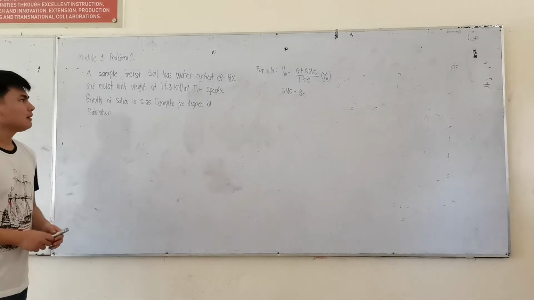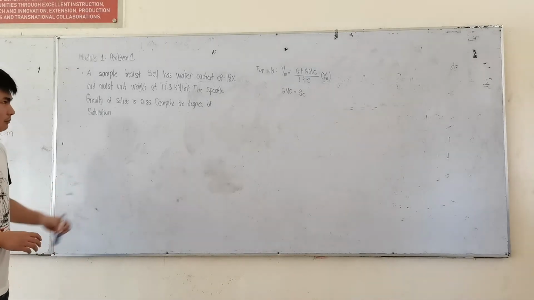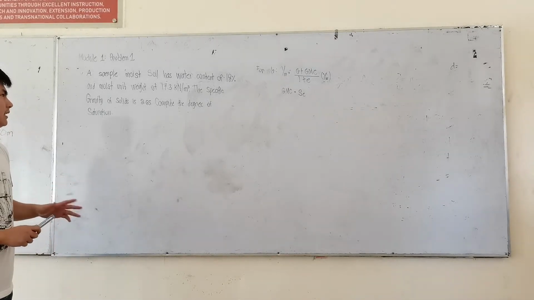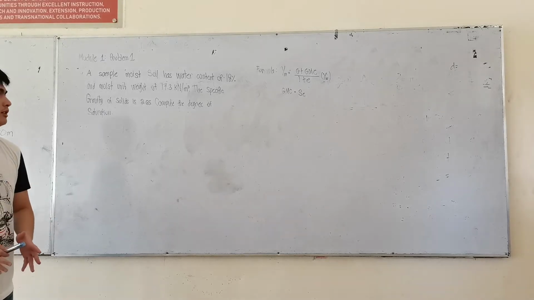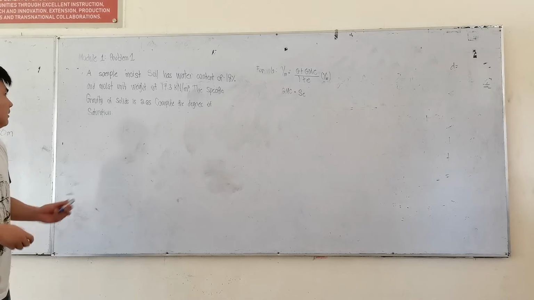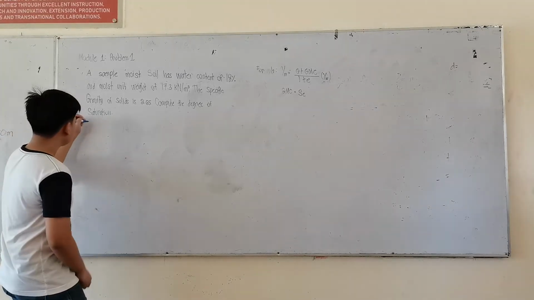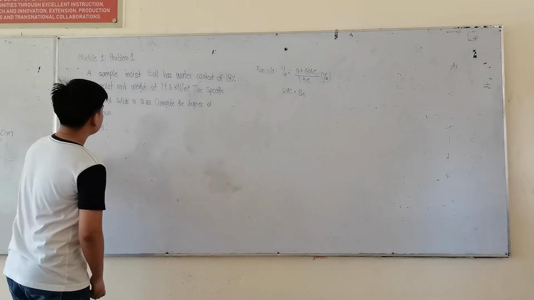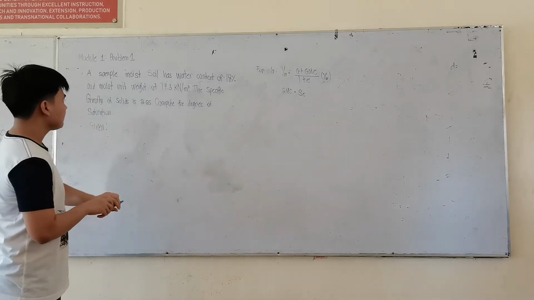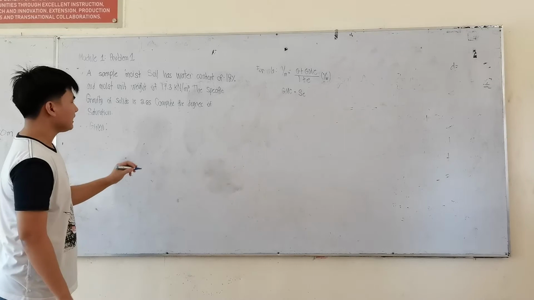So, first of all, bago natin simulan yung problem, it is important to identify muna natin yung mga given para mapadali yung pag-solve natin ng problem. So, let's give the list of the givens. Sa problem, makita natin yung mga binigay na value.